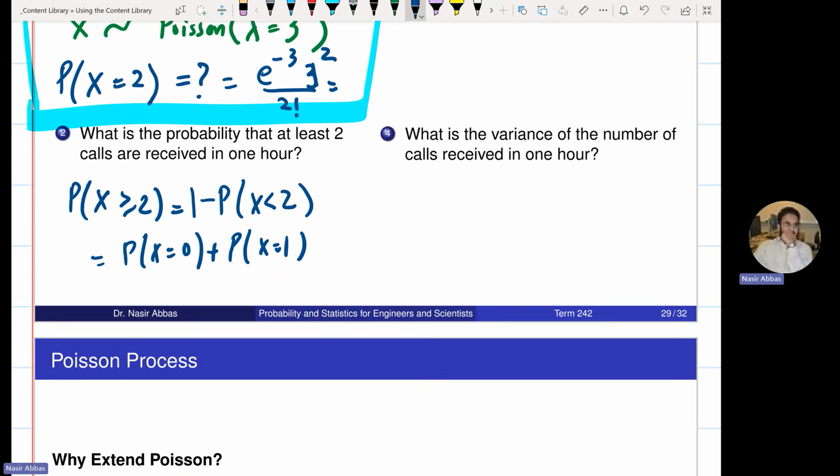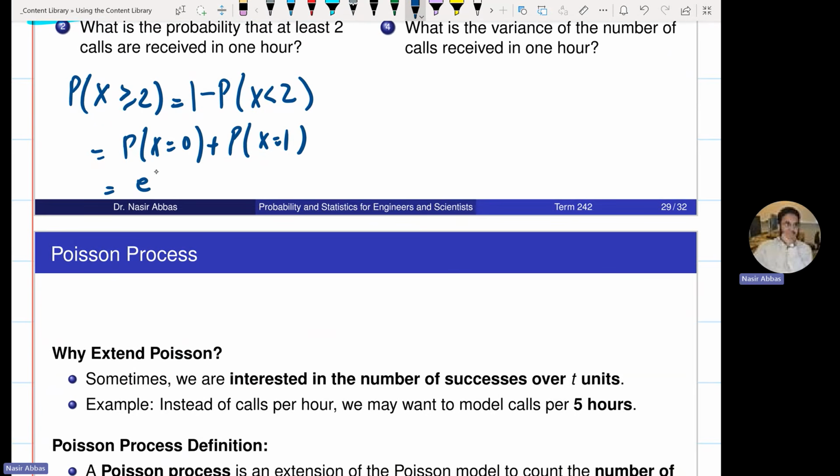That's it. So 0 will become e to the power minus 3, 3 to the power 0 over 0 factorial. 2 is included on the upper side, so it will not be included here. What is 0 factorial? 1.